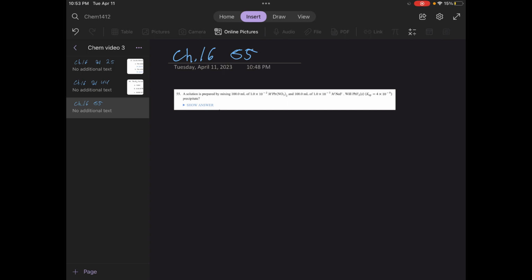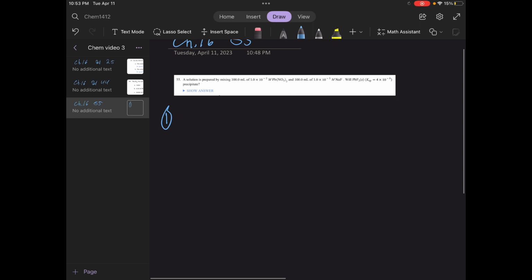So here, step 1, we get our concentration of each of these values. So we're going to use our dilution equation. So we're going to start with Pb(NO3)2.